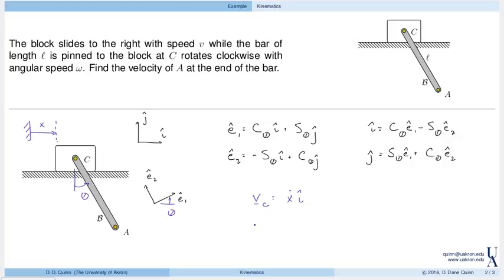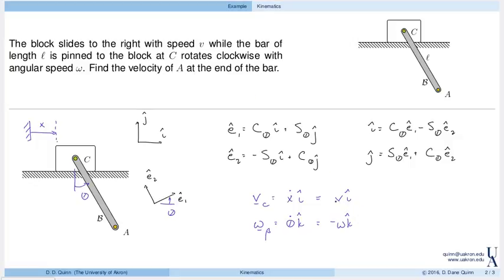So here, the angular velocity of the bar can be written in terms of theta as theta dot in the k direction. Now, because the block slides to the right with speed v, the velocity is v in the I direction. Now, the bar, which rotates clockwise, is minus omega in the k direction. So with this, theta dot can be seen to be minus omega, and x dot is equal to v.